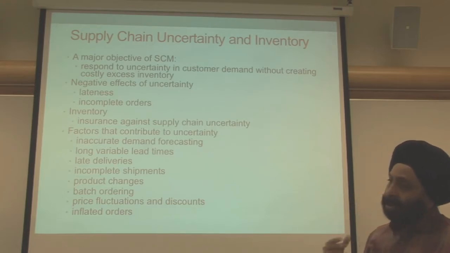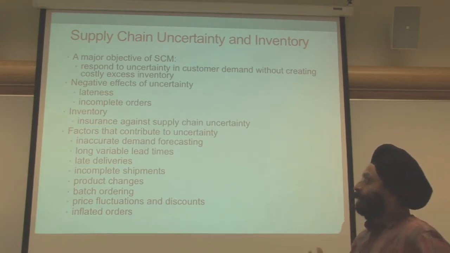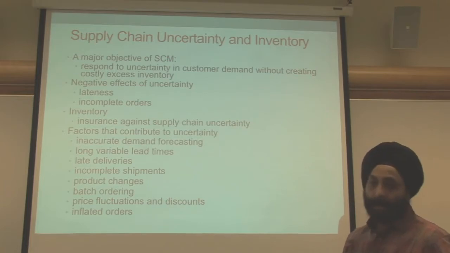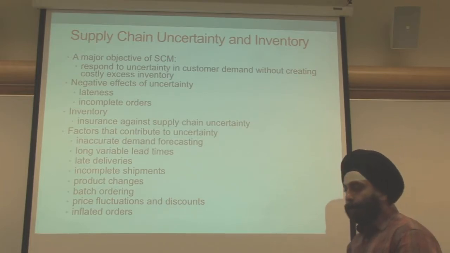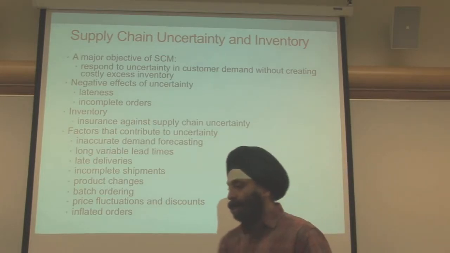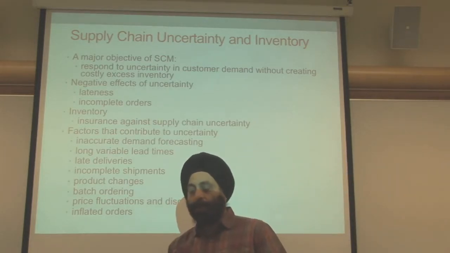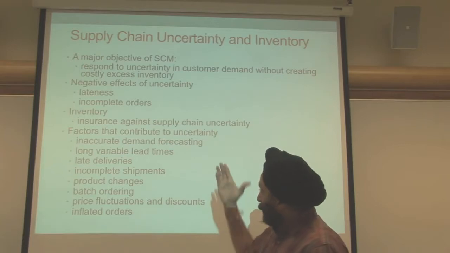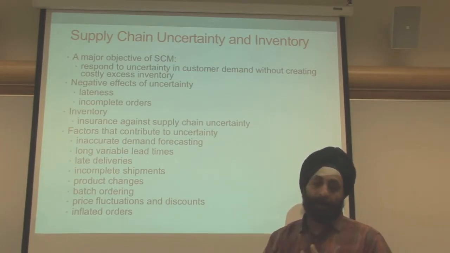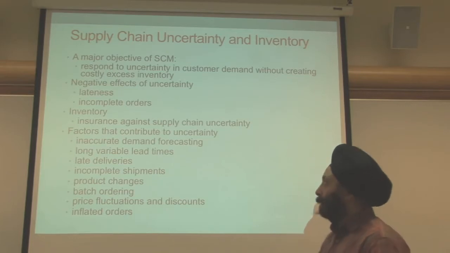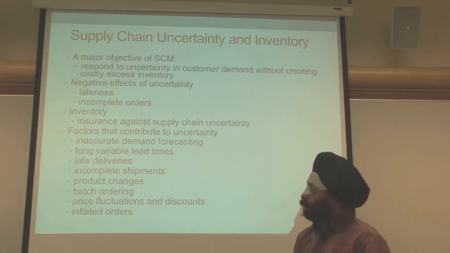Inventory typically serves as insurance against supply chain uncertainty. Anytime you are unsure about any player in the supply chain being able to do their job effectively, some inventory acts as a buffer, as insurance to handle such eventualities.